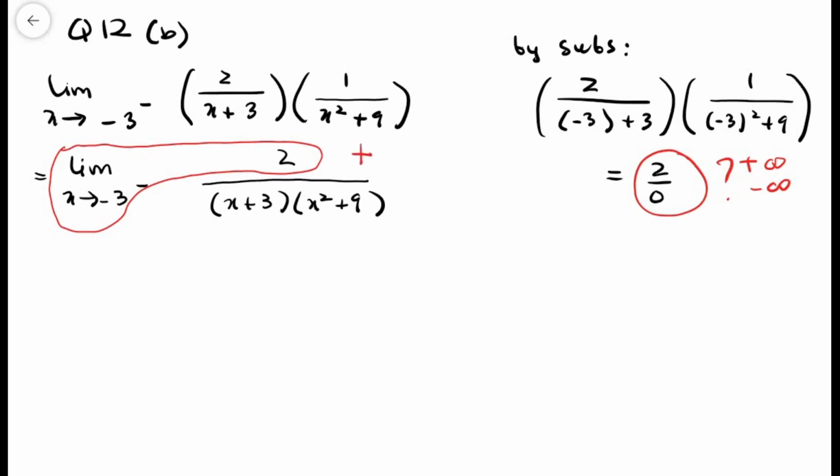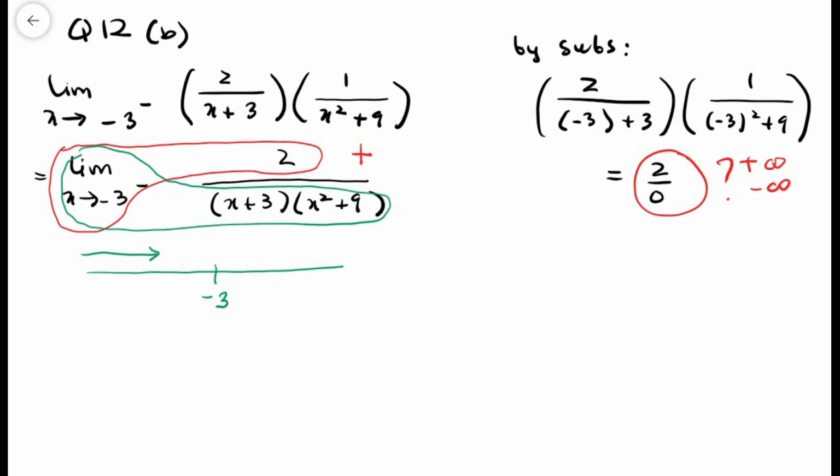So 2 is positive. Then recalling the previous method, we look at the bottom part, the denominator. I have the limit as x approaches negative 3 from the left of the function (x plus 3) multiplied by (x squared plus 9). So I draw the number line, and at negative 3, I need to pick any value of x from the left of negative 3. Let's say I pick x equal to negative 4.